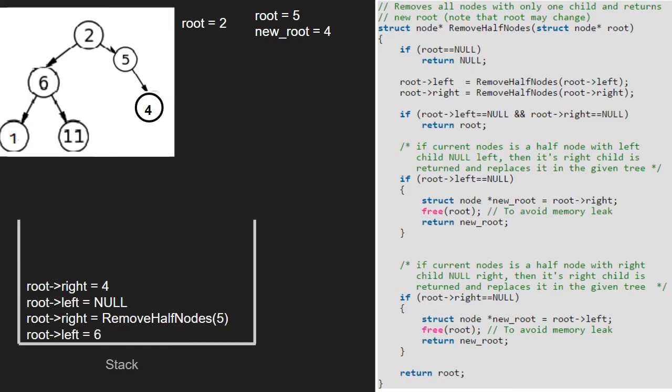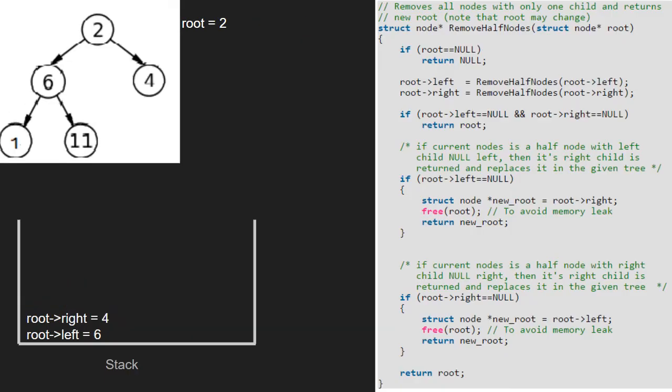We free the memory of old root, so 5 is deleted. Now new root, which is 4, is returned. Execution for node 2 is resumed. Since both left and right child of 2 exist, root, which is 2, is returned. We finish the execution of this program and we have removed all the half nodes.